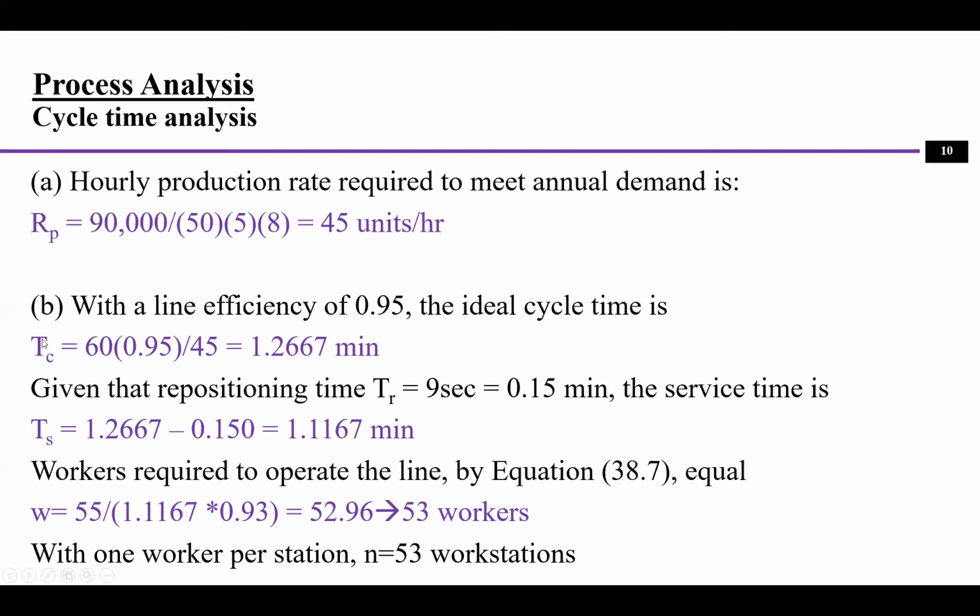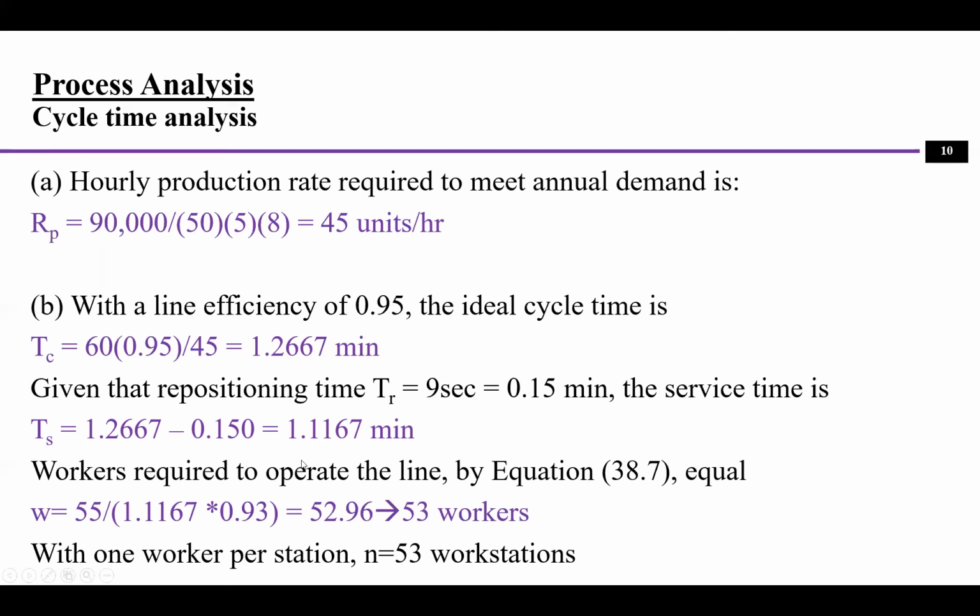Since cycle time equals repositioning time plus the longest service time, the longest service time equals the cycle time minus the repositioning time. Then we get the longest service time.